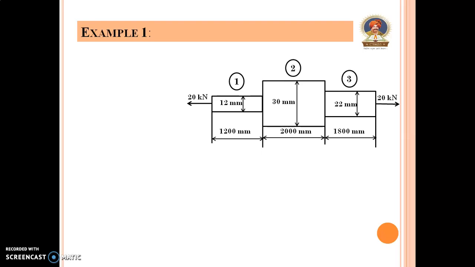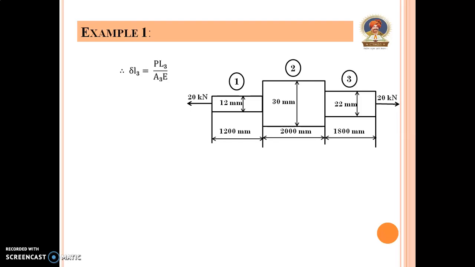For this purpose, here once again we have drawn the diagram. Here the diameter is 22 mm and P is 20 kilonewton. So delta L3 is equal to PL3 upon A3 into E. First of all, we have to calculate the area.